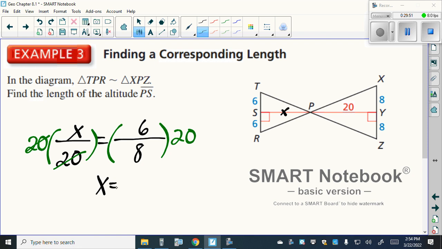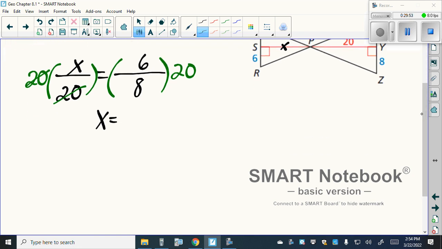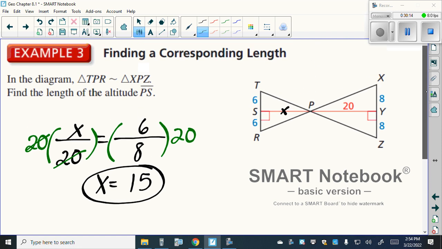Now multiplying the left side x over 20 by 20 will get us x by itself. Now we need to multiply 6 over 8 by 20, which we can do in the calculator, which would give us what? 15? And that's it. Any questions on this here?